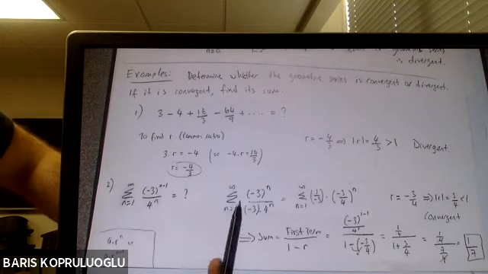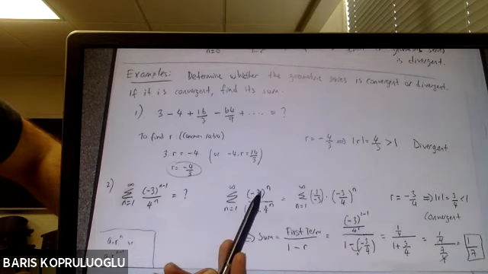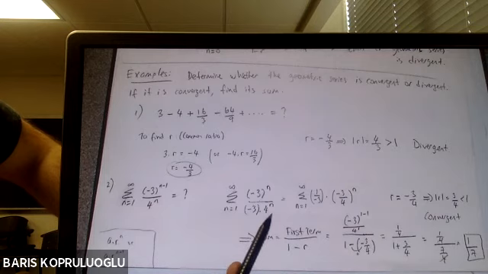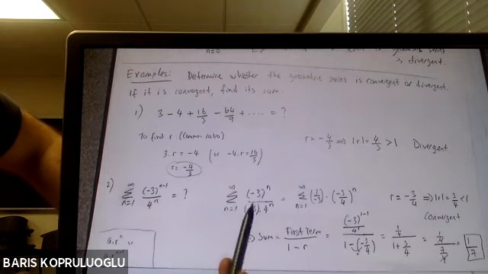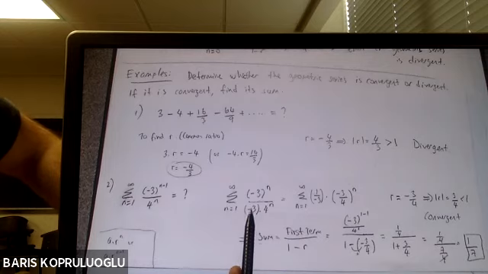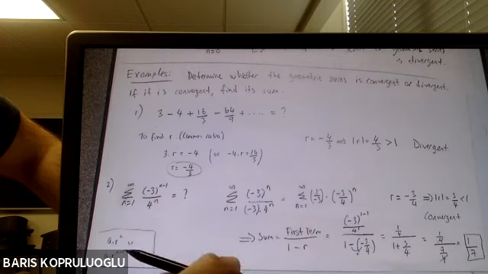To do that, you need to move one -3 to the bottom so that you would have -3 to the power of n and one -3 on the bottom. I didn't do anything on 4 to the power of n. So now what you have is a constant number of -3 on the bottom, which is going to give us the constant number in the geometric series.